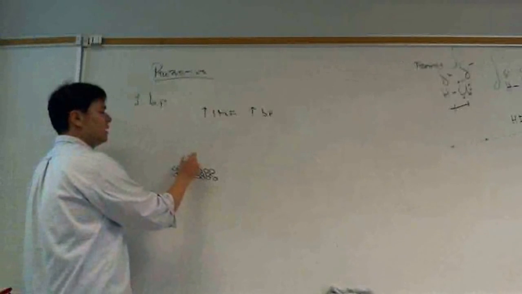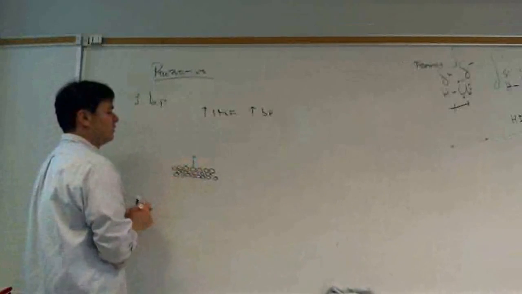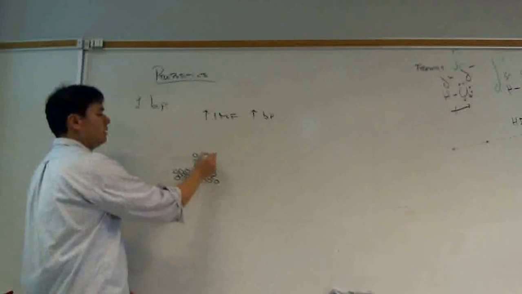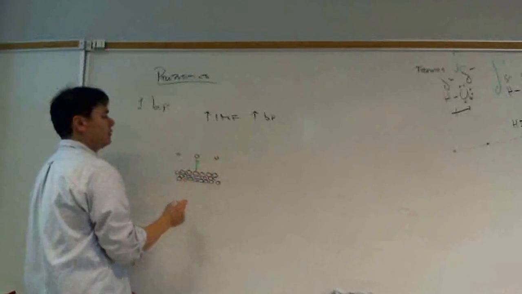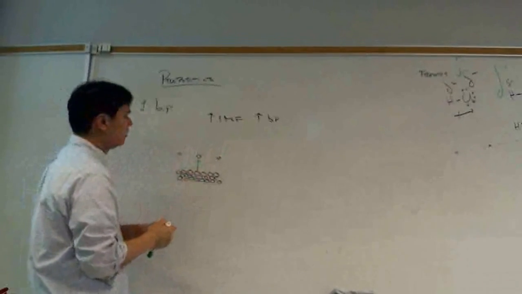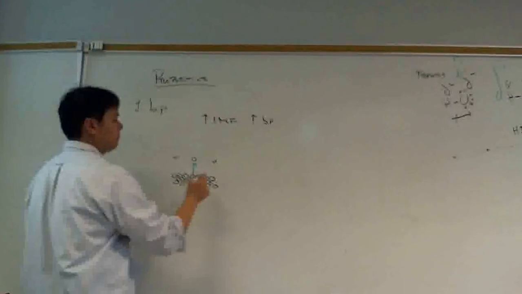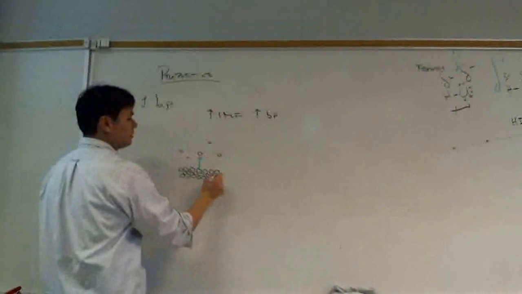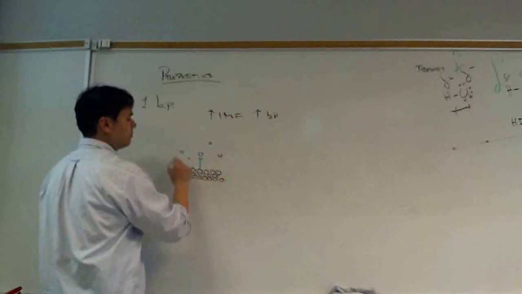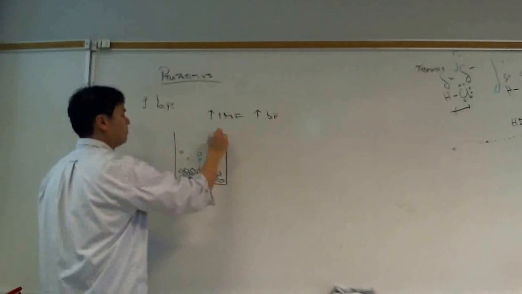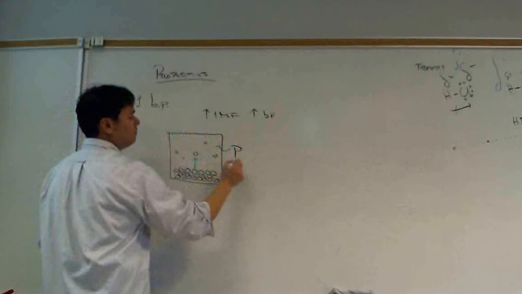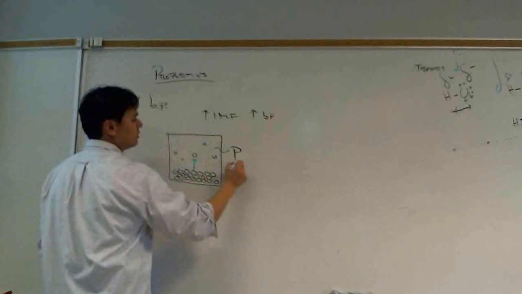No. Some have enough energy to break free of the surface. The ones that broke free of the surface, we call the gaseous molecules. This would be the liquid molecules here. Gaseous state. And the pressure that these generate is the vapor pressure, the gas.